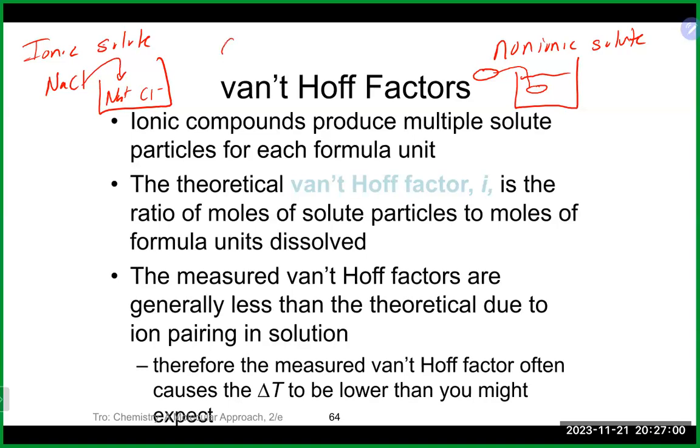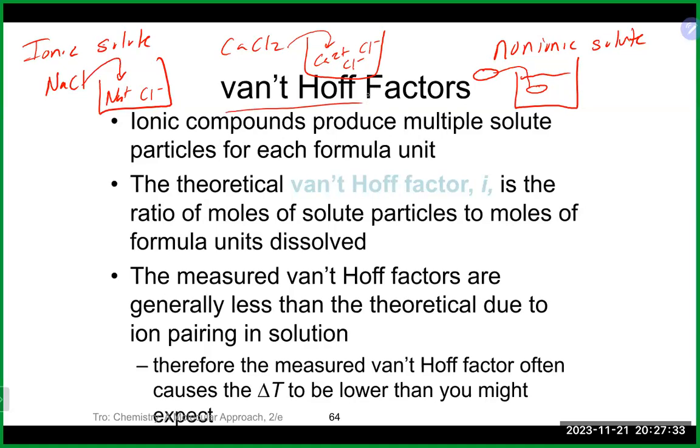And if we put calcium chloride into a solution, we get a calcium ion and two chloride ions. That's like a 1 to 3 situation: for every one you toss in there, you get 3 particles. So since colligative properties are based on the amount of particles, having multiple particles coming into the solution from an ionic compound will have an effect on the boiling point, the freezing point, and the vapor pressure as well.